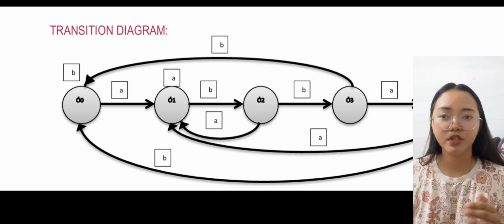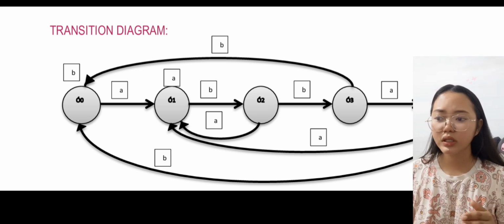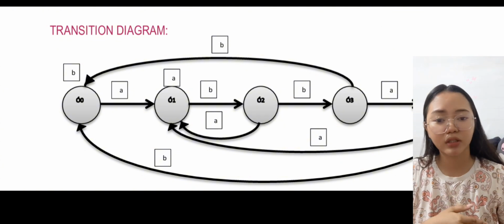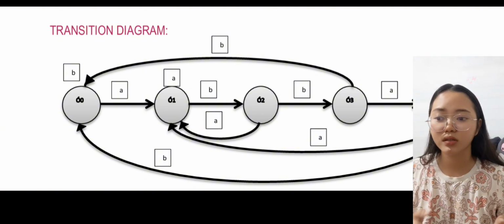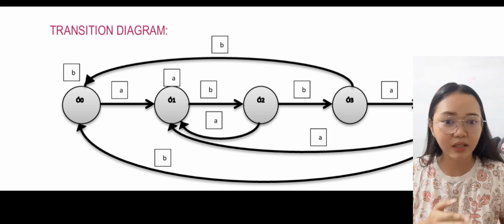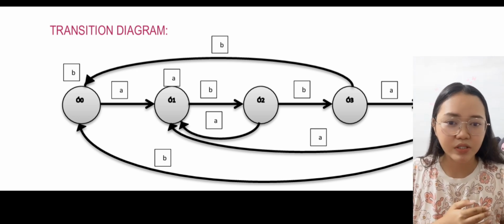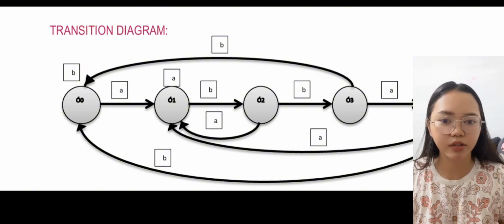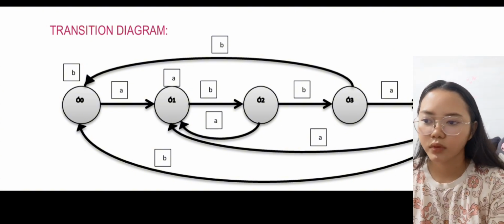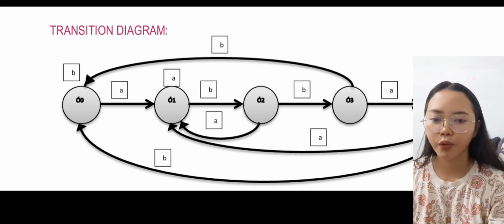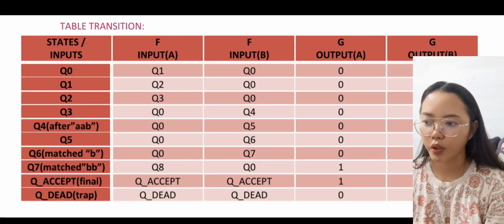But if the string is AABBA, it is rejected because it does not end correctly, since it has an extra A. It does not really end with ABBA, so maybe there was an error. That's why it's rejected.